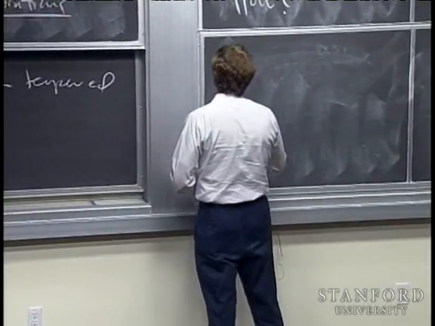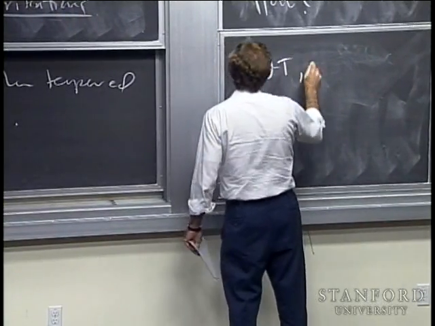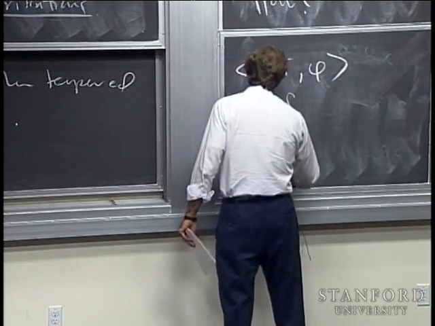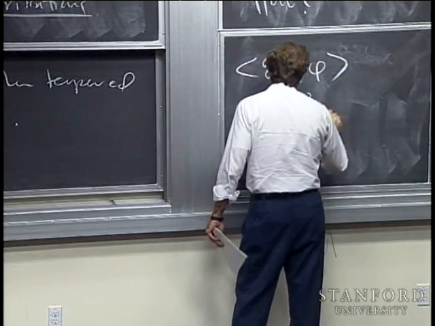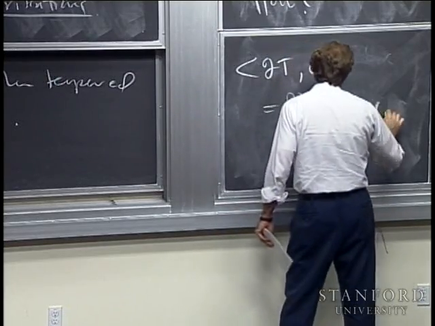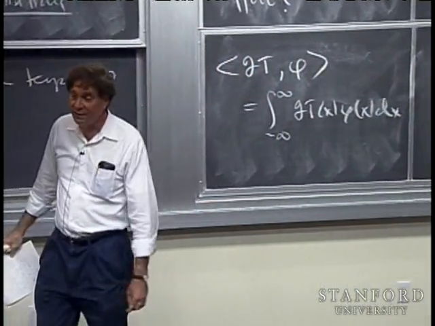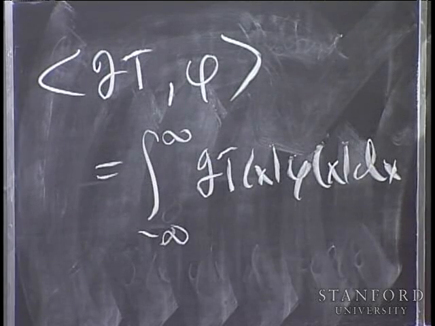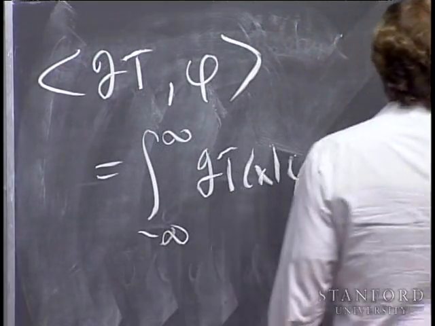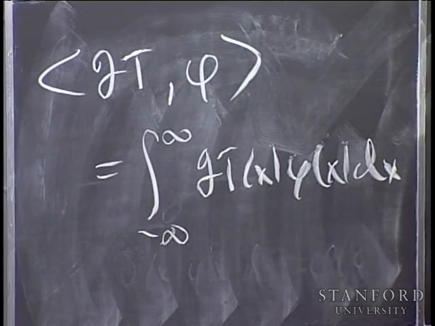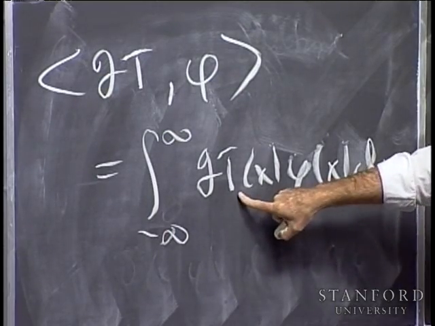Let's say that the Fourier transform of T paired with phi is the integral from minus infinity to infinity of the Fourier transform of T of x, phi of x, dx. Again, this would not necessarily be the case in general because a distribution is not always given by integration, but suppose it is. And what has to happen? Supposing that everything nice is happening, the Fourier transform is given by an integral.